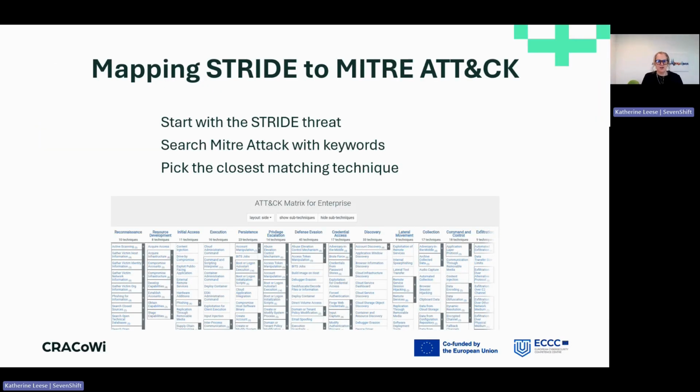So then we're going to look at mapping STRIDE to MITRE ATT&CK. We start with the STRIDE threat. If you're more experienced, you might just be able to map them directly, but I found it really useful to think of some keywords and words around the subject, start looking on that basis, and just pick the closest matching technique that you can find from the list.